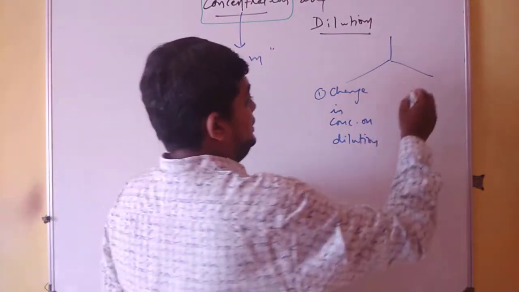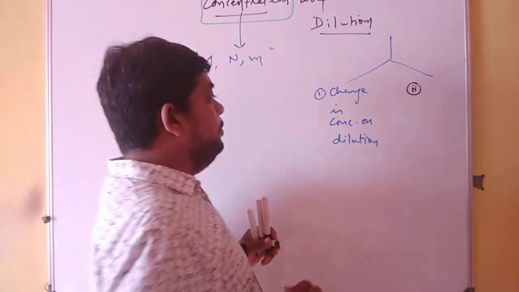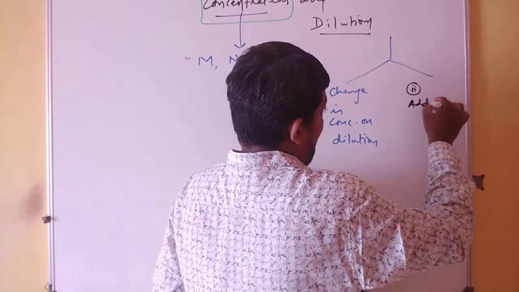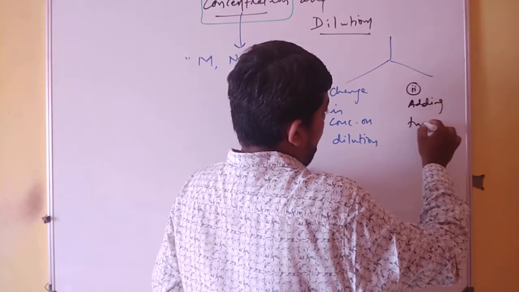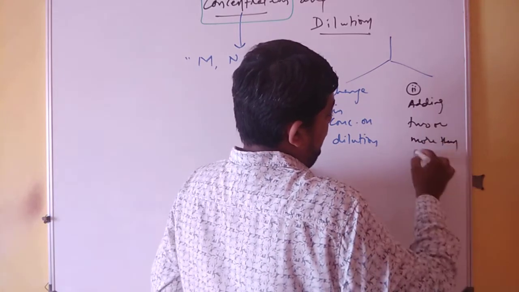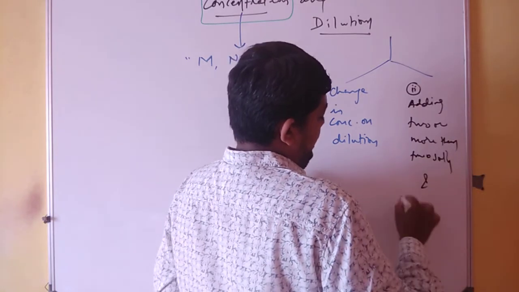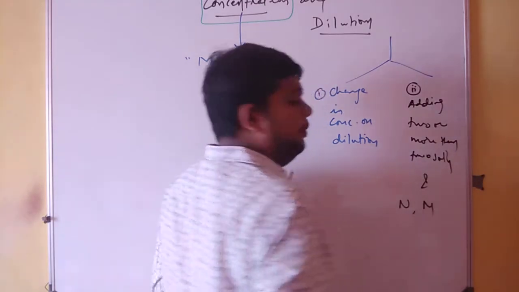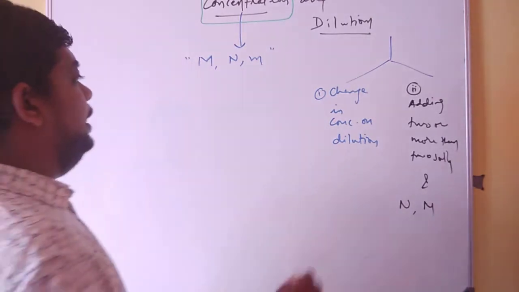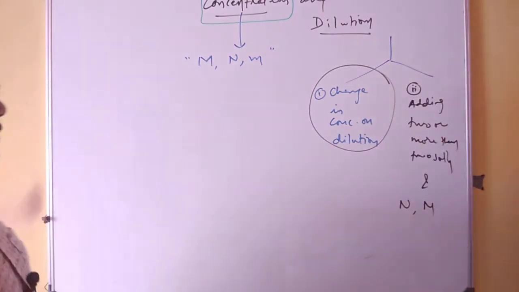And the second part, or the second section that we would be discussing, will be adding two or more than two solutions and calculating normality, molarity and concentration terms. So let us start with the explanation of change in concentration on dilution.